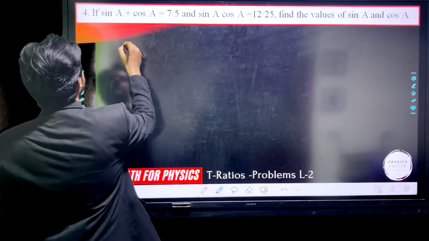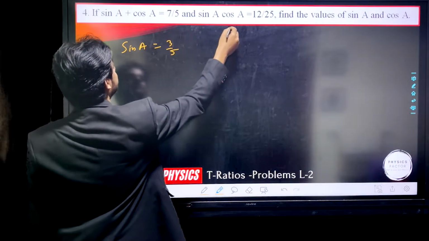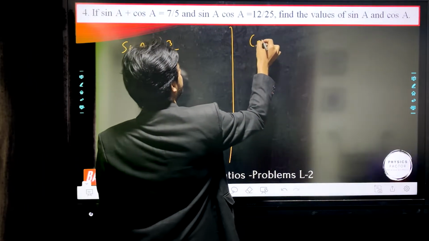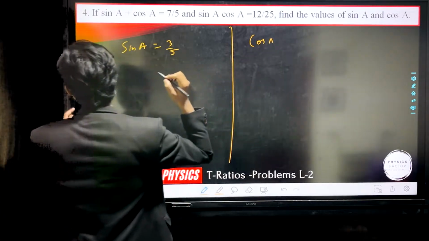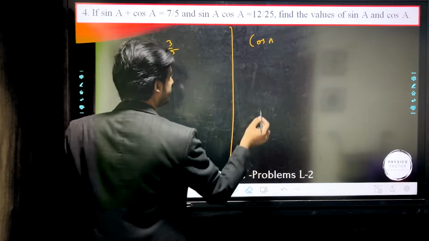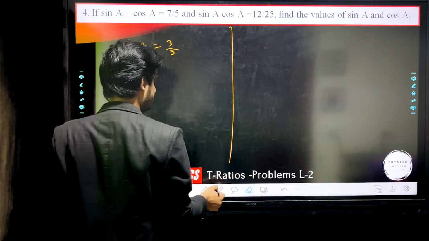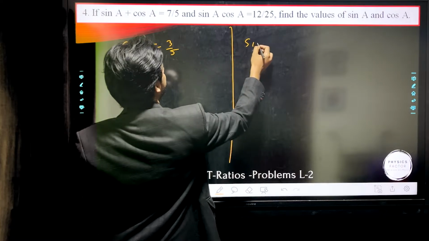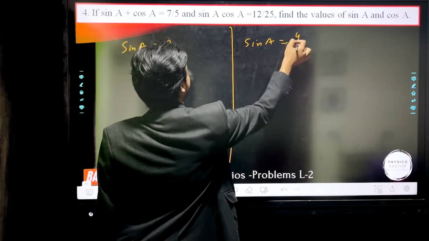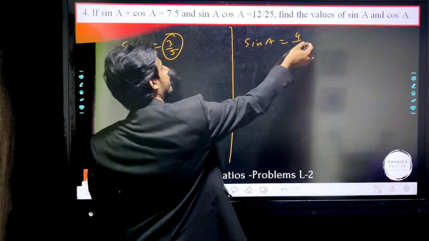So I got the value of sine A as 3 by 5 and cos A, and I got the value of sine A as 4 by 5 also. So these are two values of sine A.